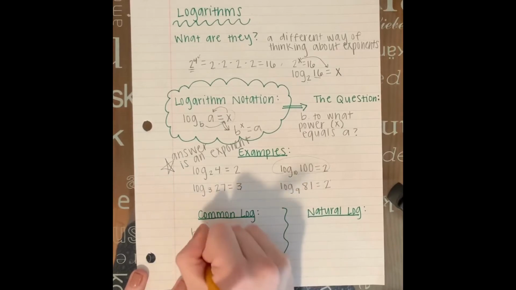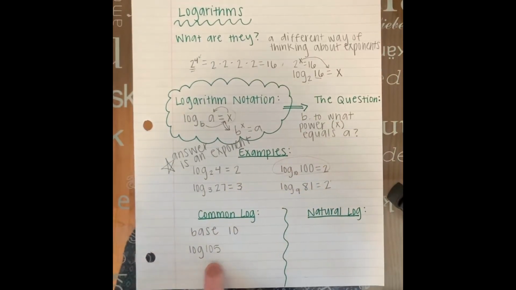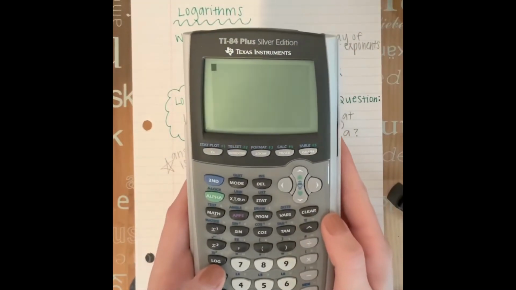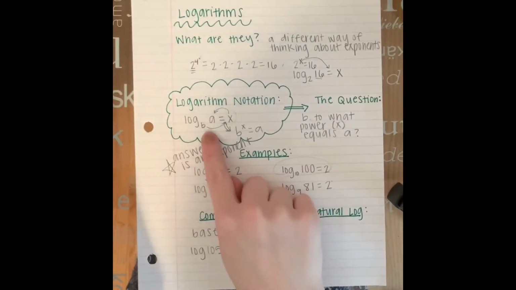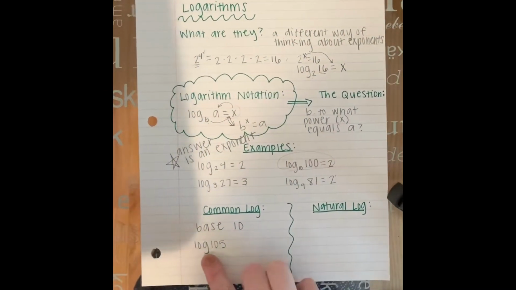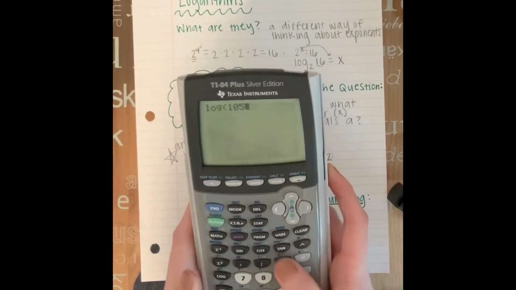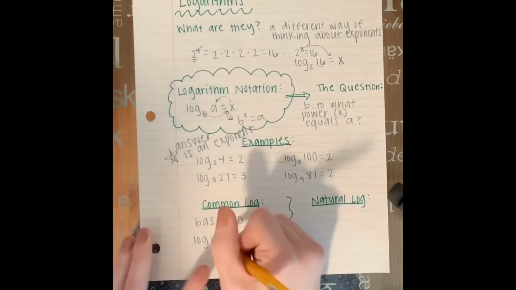Log, so say log of 105. Look on your calculator. If I want to do log of 105, I go right here. It says log right here. If you see log without a base underneath it, if it's just blank, that means base 10. So let's try log of 105. You should get 2.02.